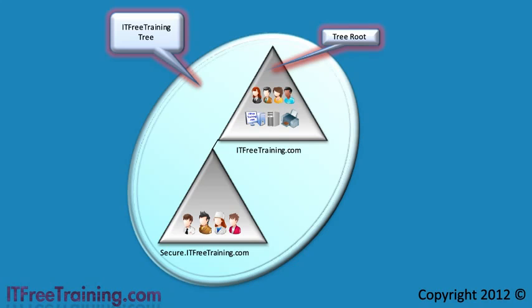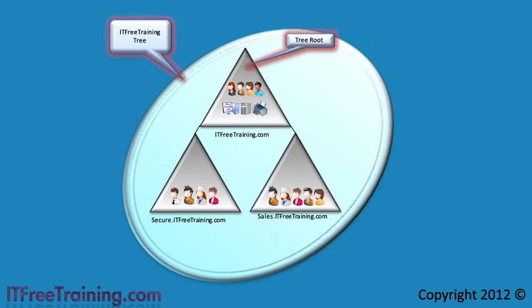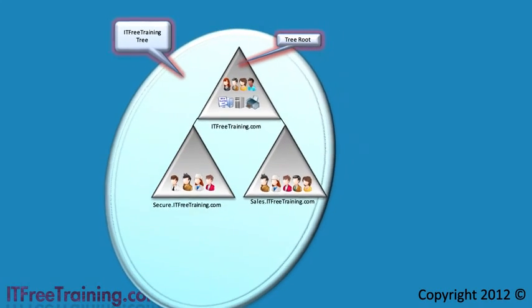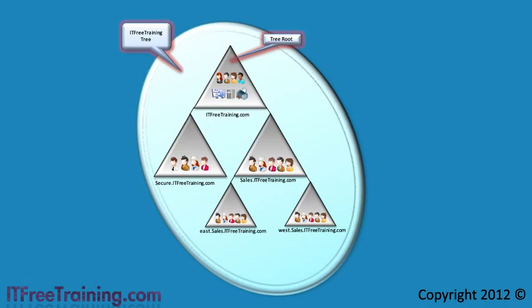To illustrate this better, you could add yet another domain called sales. As long as sales shares the itfreetraining.com namespace, it is part of the tree. Under sales.itfreetraining.com, you could even add additional child domains called East and West. All these domains share the IT Free Training namespace and thus are considered to be in the same tree in Active Directory.